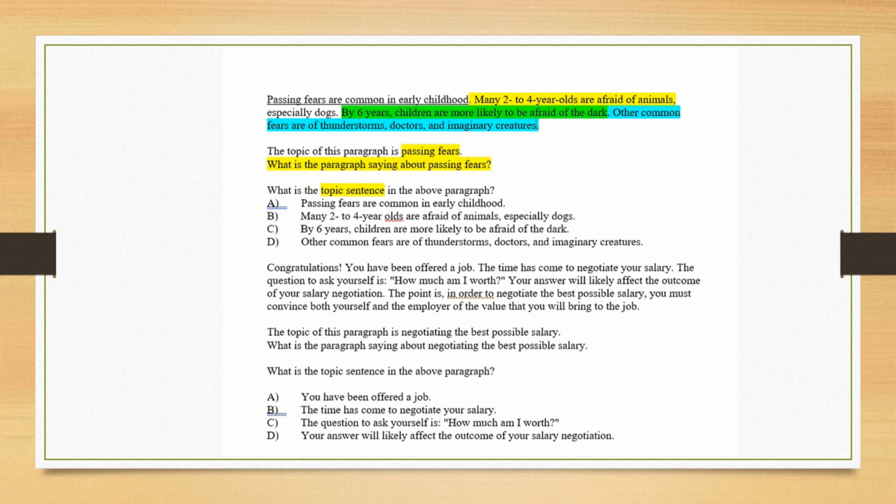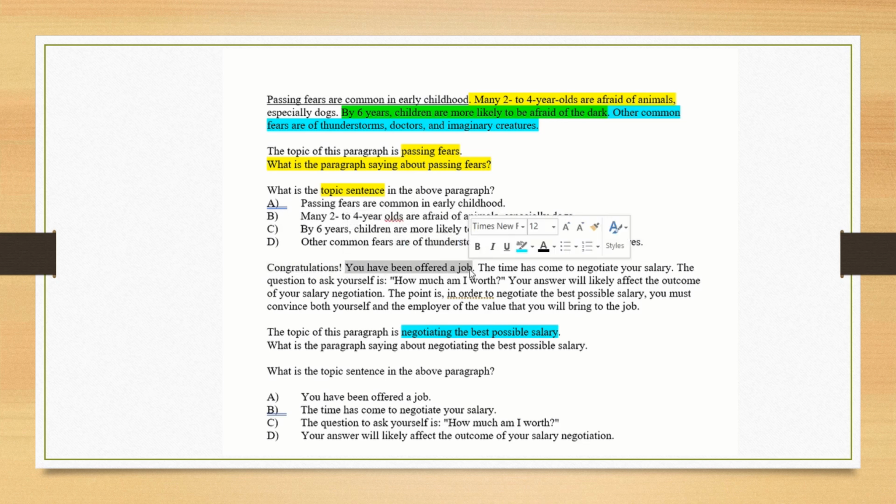Remember, we said in this particular paragraph that negotiating the best salary was the topic. So what is the paragraph saying about negotiating the best salary? What sentence in this paragraph will be your main idea? Not "Congratulations," because that is not a complete sentence. "You have been offered a job."